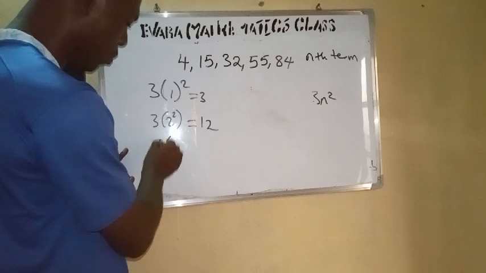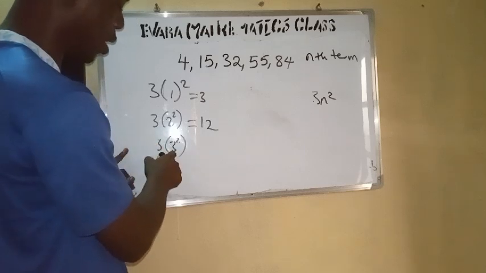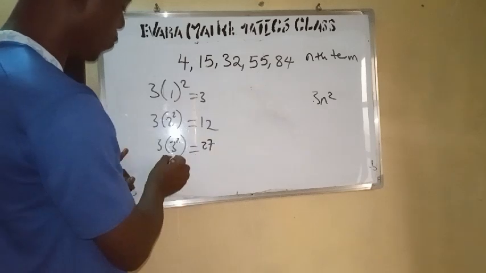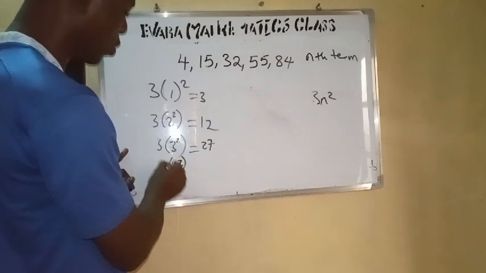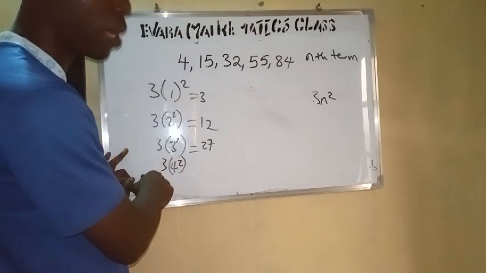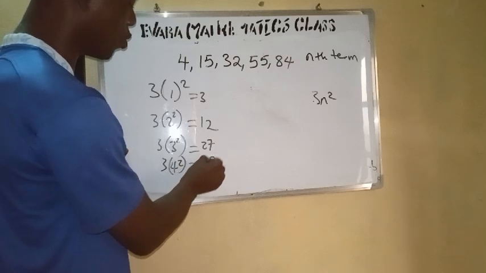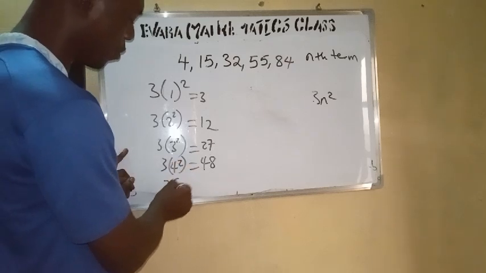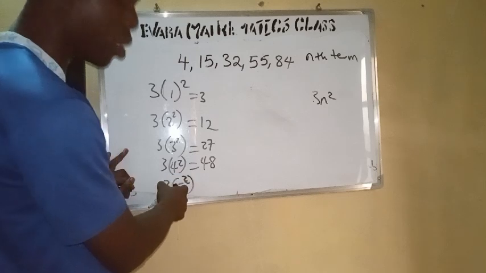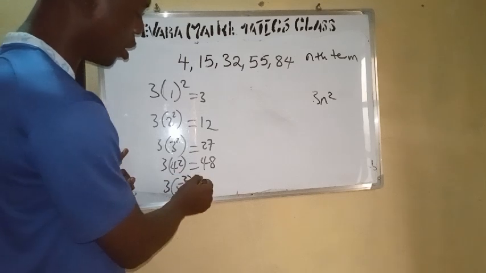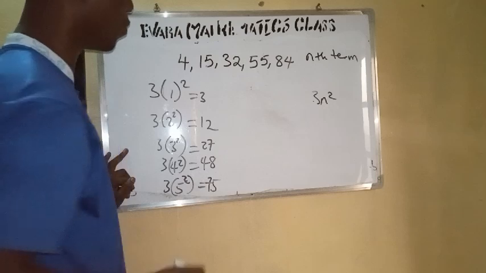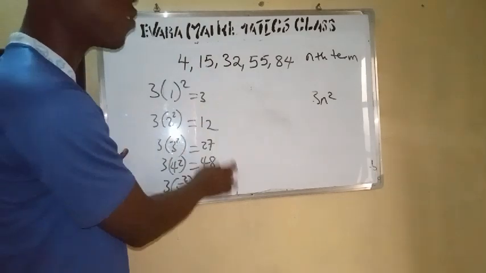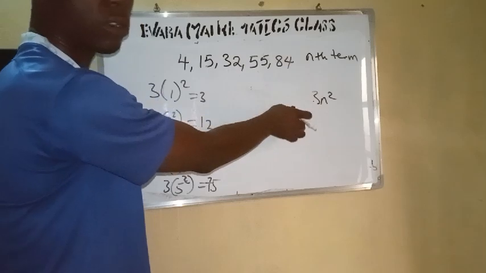When n is 3, 3 squared is 9, multiplied by 3, we have 27. When n is 4, 4 squared is 16, multiplied by 3, we have 48. And lastly, when n is 5, 5 squared is 25, multiplied by 3, that is 75. So these are the first 5 terms using this formula.